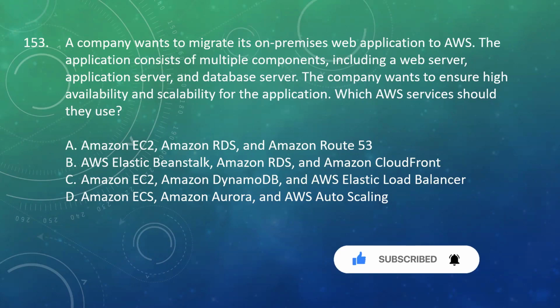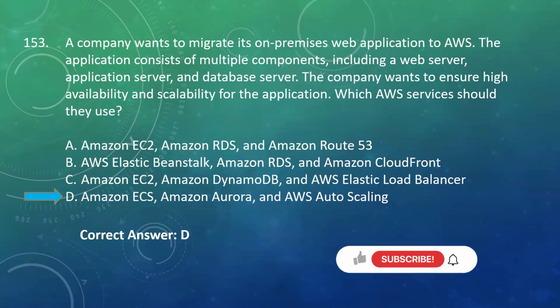Whenever you have such questions, then most likely the answer would be a managed service, because they are looking for high availability and scalability. And the correct answer in this case would be option D. Amazon ECS, or also called as Elastic Container Service, can be used to deploy and manage the web servers, application servers, and database servers component as containers.